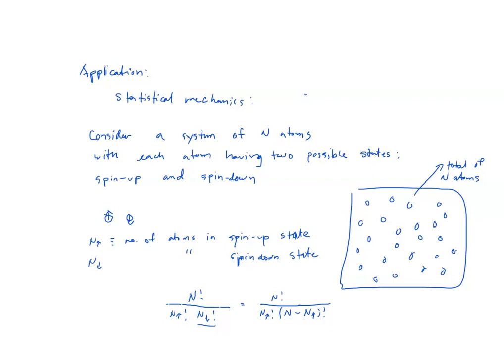Nagkaroon ka na ngayon ng distinction between your atoms mo. Kasi any of this atom could have either spin up or spin down state. So therefore, you have to use combination. Okay? And sa statistical mechanics, may tinatawag tayo dito na term. This is the number, itong formula na to, number of states or possible states.